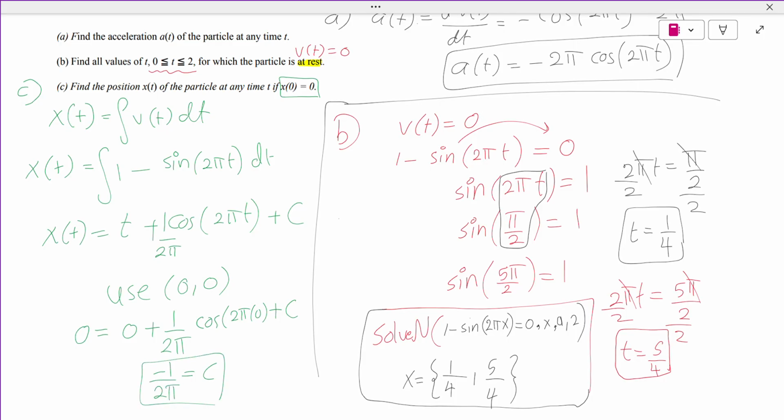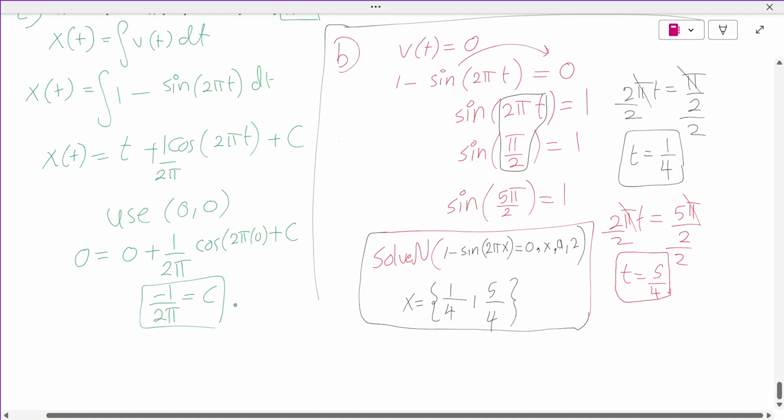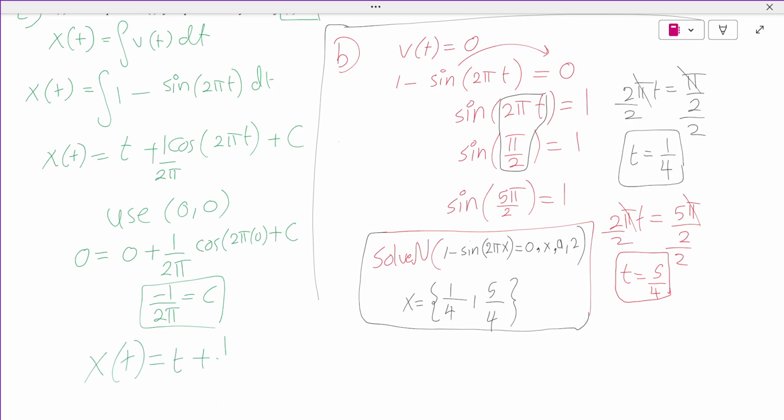This is the value of c. So x of t as a final answer equals t plus 1 over 2 pi cos of 2 pi t minus 1 over 2 pi. This is x of t.